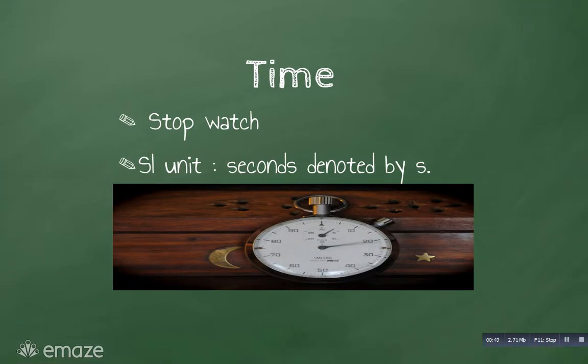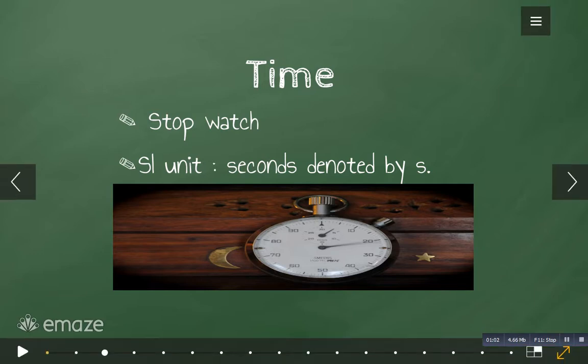Well, time can be measured by using a stopwatch, whether analog or digital. In the picture, you can see an analog stopwatch to measure time. And the SI unit for time is seconds, denoted by a small s.